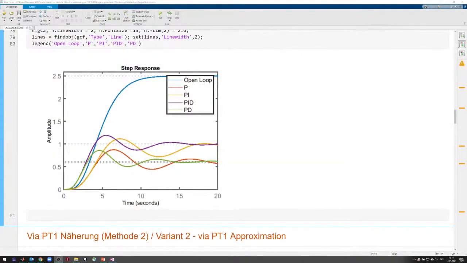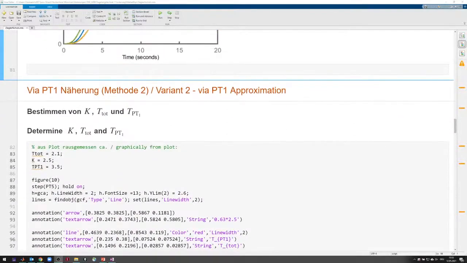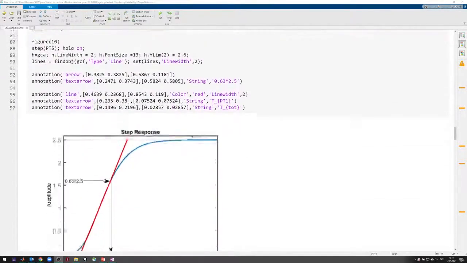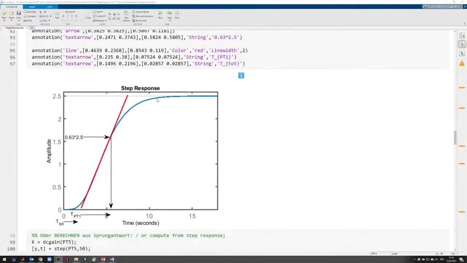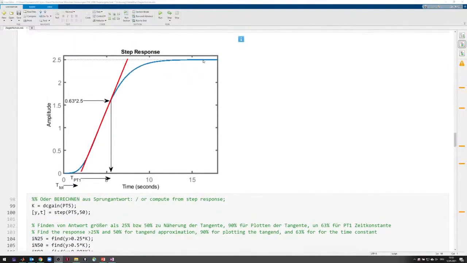Then the second variant was where we don't drive our system unstable, but we do a PD1 approximation. So this again is our PD5 system, the blue one, and in reality you would only have this blue line. Then you compute the gain of your system, which is 2.5.